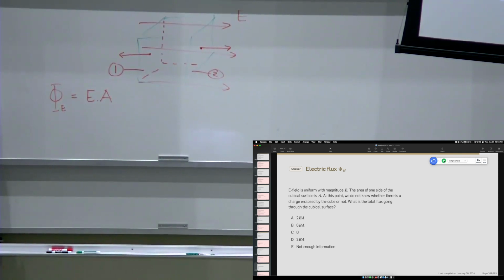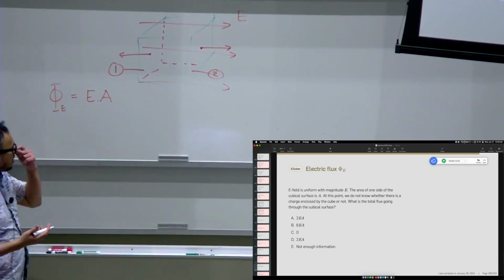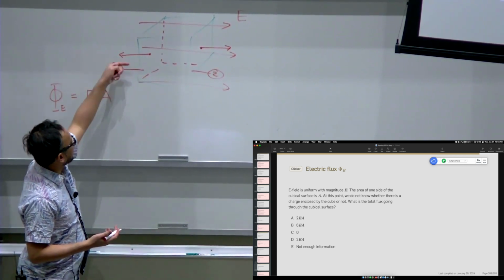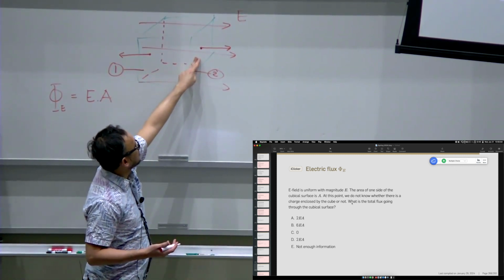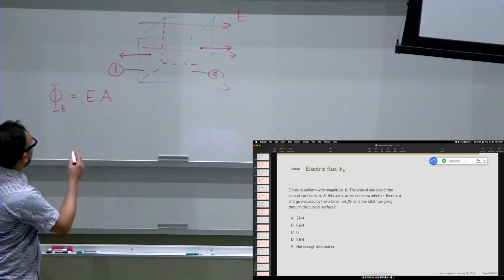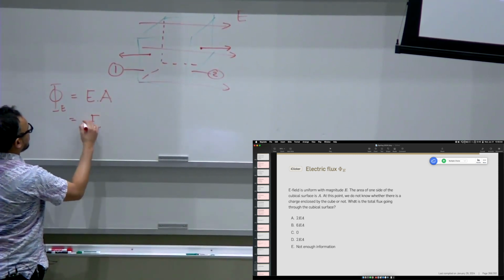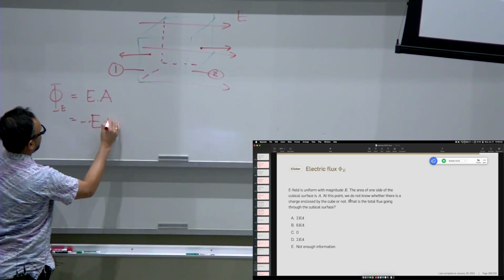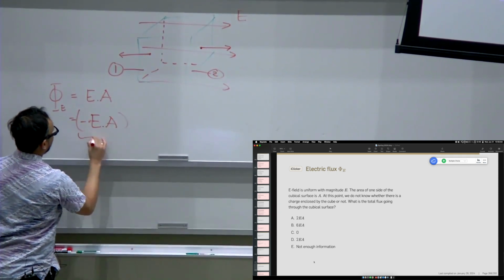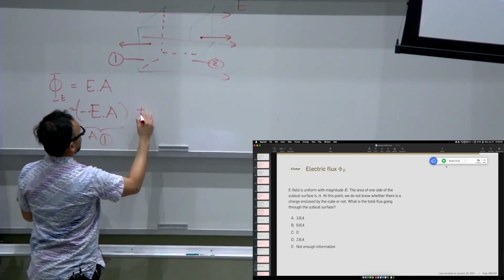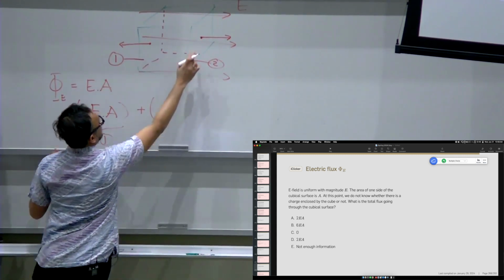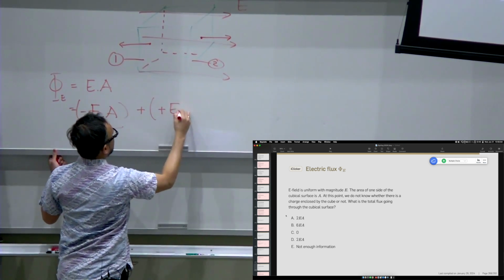So you can use cosine theta to be either 180 or 0, or you can use physical intuition: one goes into the cube, the other goes out of the cube. So the one going into the cube you set to be negative. This is from area 1, and then plus, this one is away from the cube, so E times A.